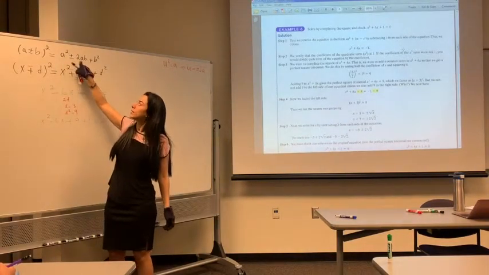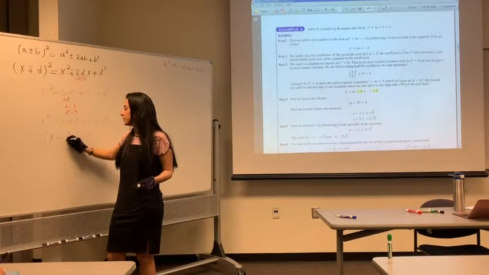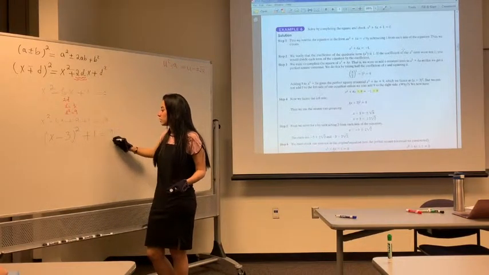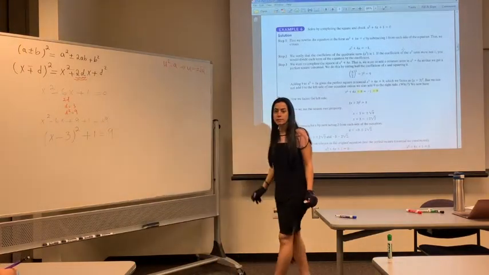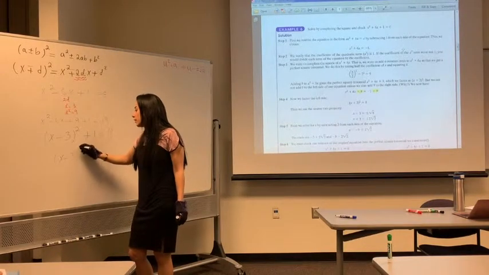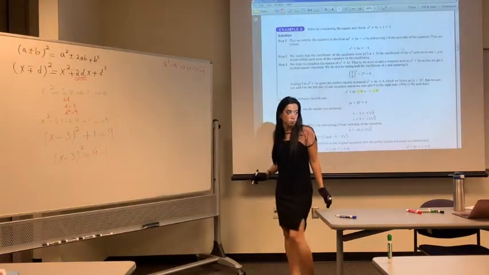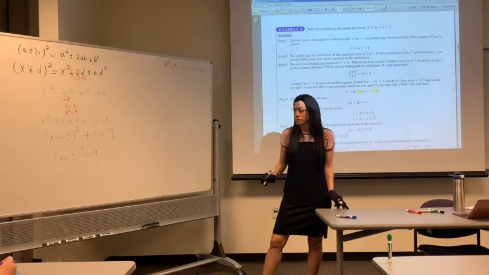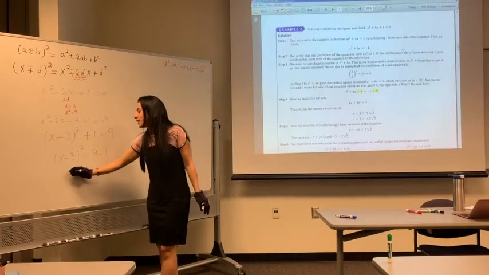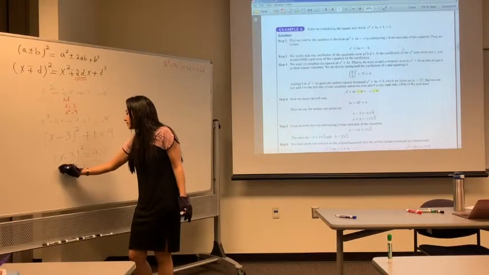So that's why we have minus 2 times ab. So it becomes (x minus d), which is 3, power 2 plus 1 equal 9. Right? So now (x minus 3) power 2 is equal to 9 minus 1, so 1 goes to that side. (x minus 3) power 2 is equal to 8.